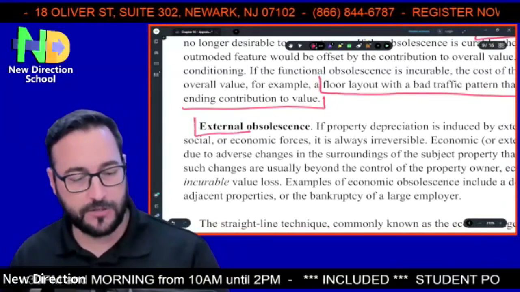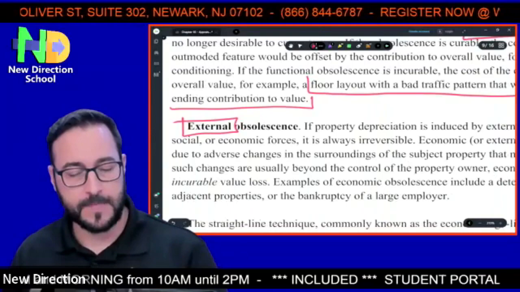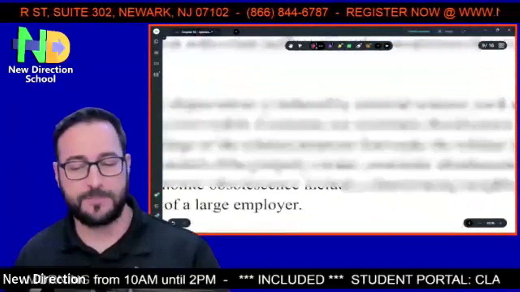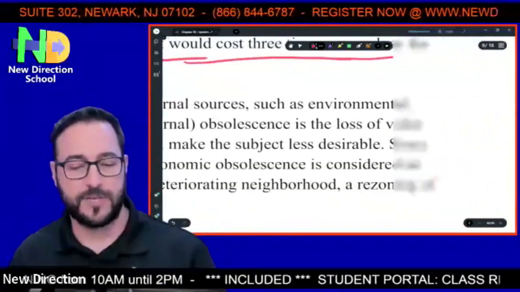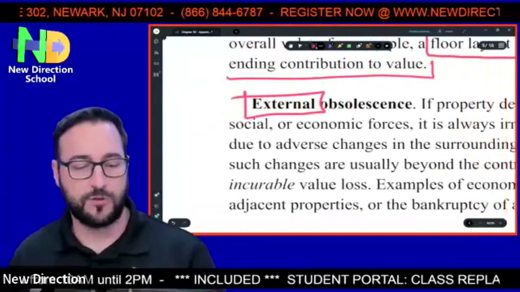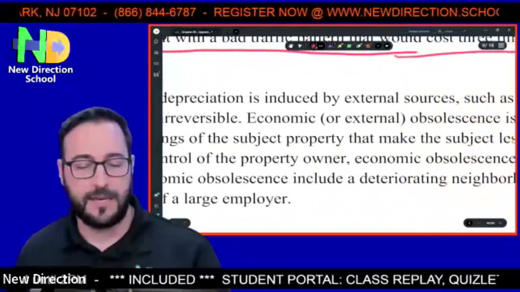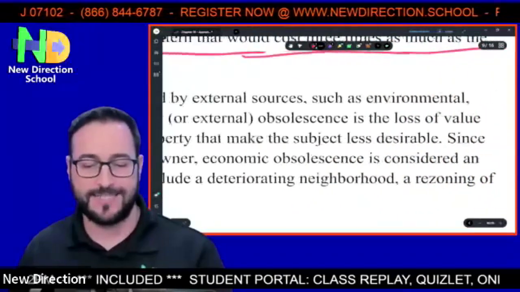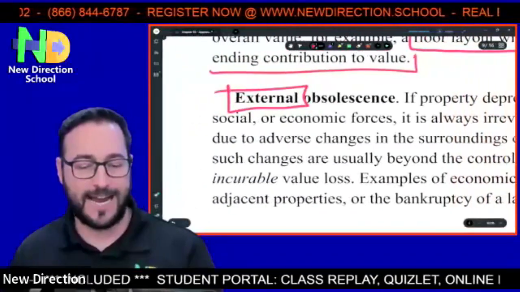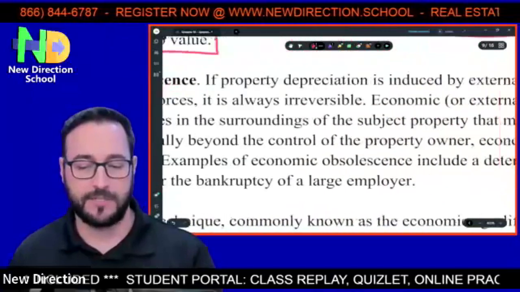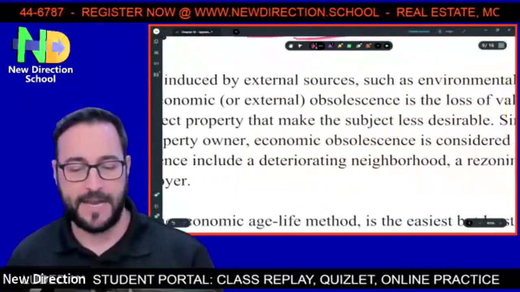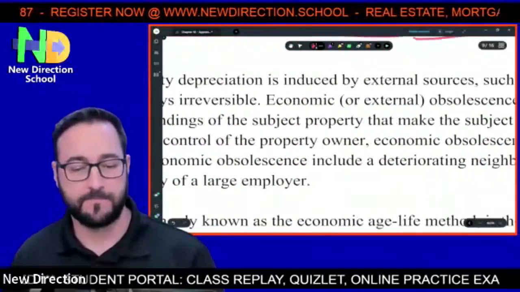And then we have external obsolescence. If the property depreciation is induced by external sources, such as environmental, social, or economic forces, it's always irreversible. Economic or external obsolescence is the loss of value due to adverse changes in the surroundings of the subject property that make the subject less desirable.